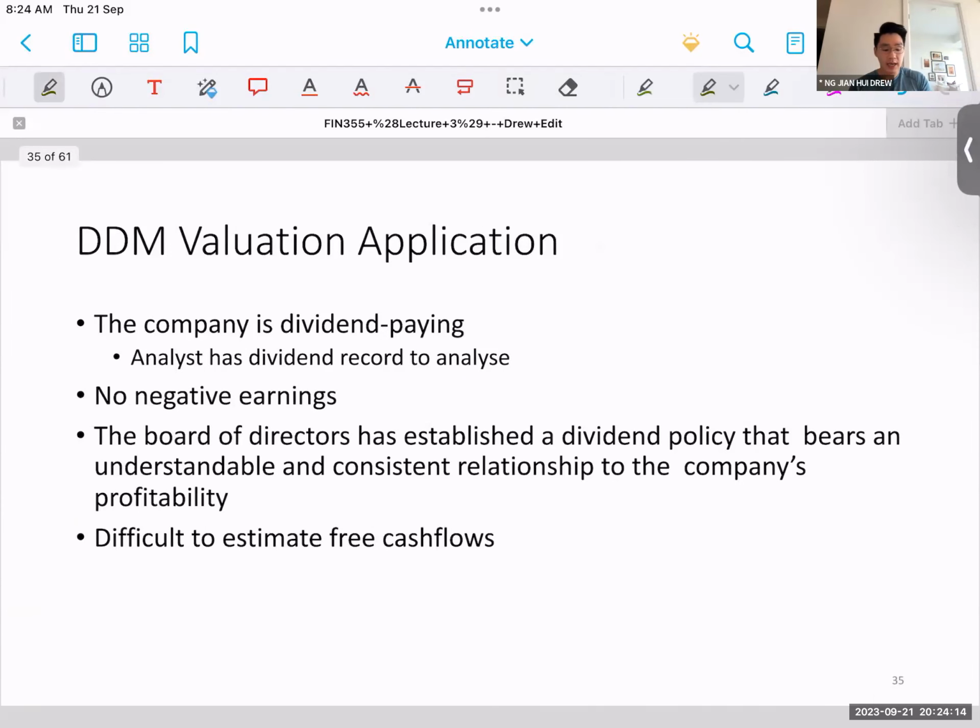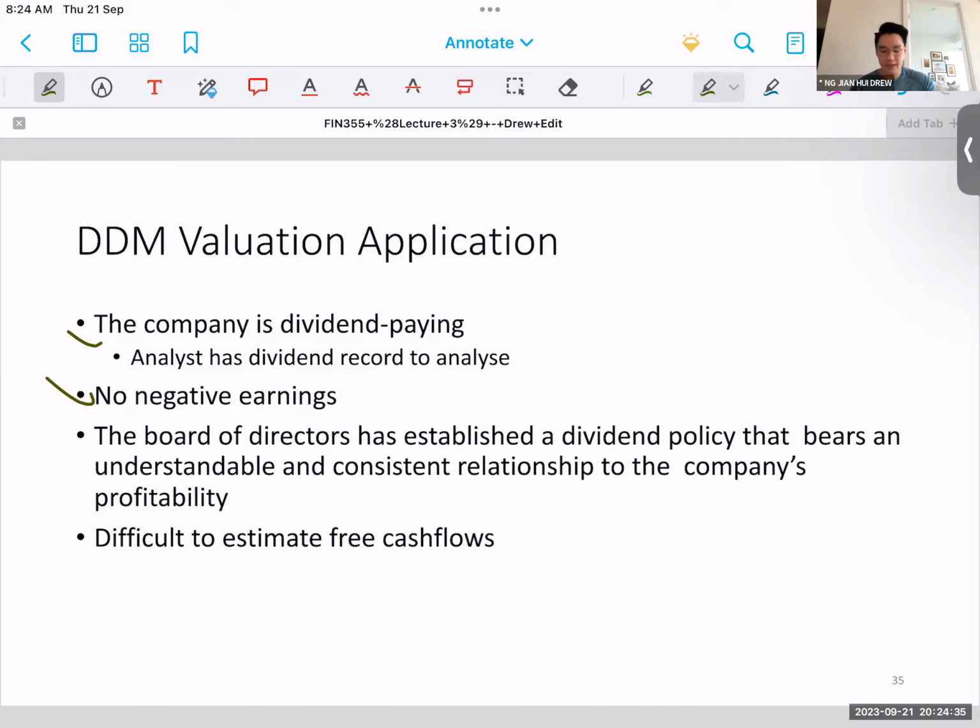Some applications: the company, of course, has to be paying dividends, with no negative earnings. Why? Because if it is making negative earnings, it typically will not pay out dividends, right? There's no earnings, it's making losses. Why should it give dividends?